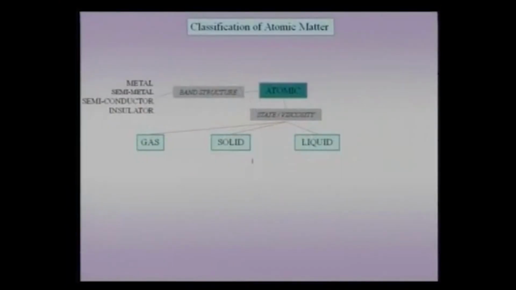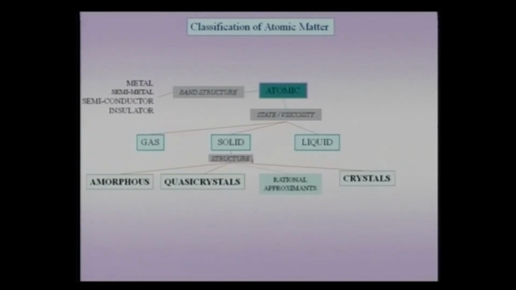But we should note that if I am talking about the state or viscosity aspect of classification of atomic state of matter, then I have the familiar gas, solid, liquid picture. Further, what I am interested in this particular course is the structure of solids, and if you look at the structure of solids, on one hand we will see that there is this concept of crystals which we have been dealing with quite a bit so far. On the other extreme is the concept of amorphous materials, in other words which are totally disordered.